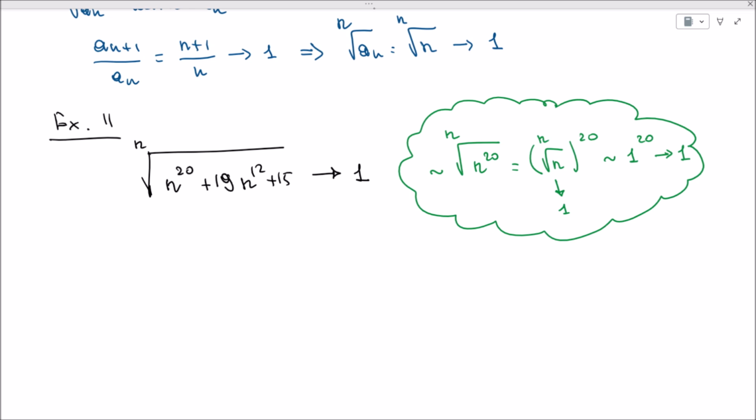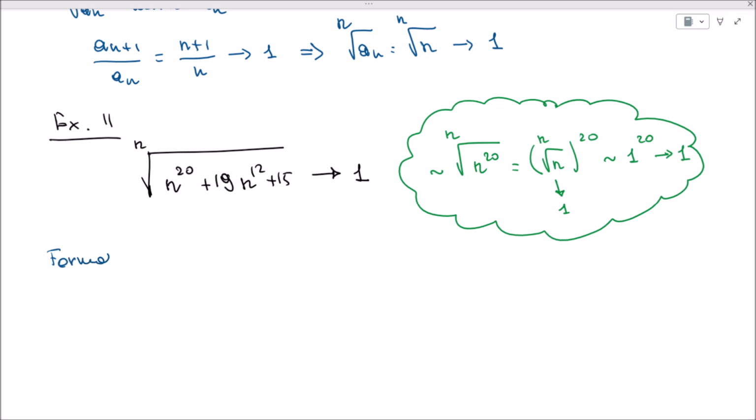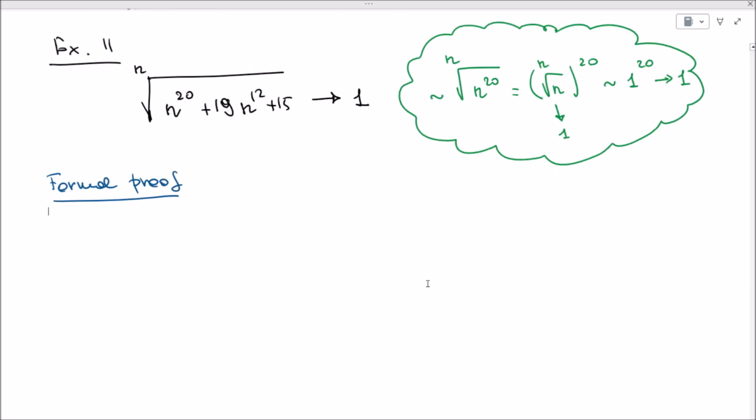Now, if we want to be formal, the formal proof of this limit is the following. We can say that the nth root of that polynomial can be rewritten as follows by just factoring out the leading term. The leading term is of course n to the 20.